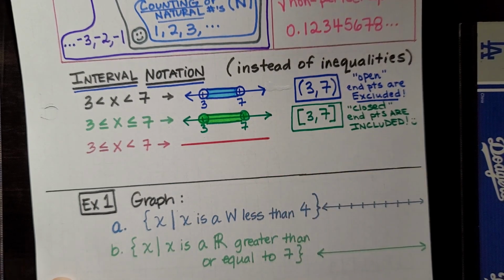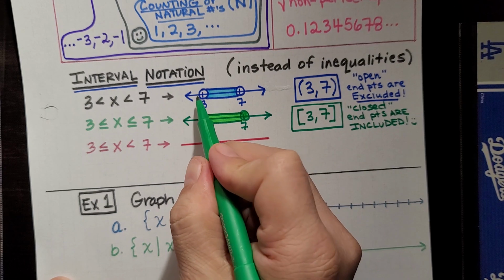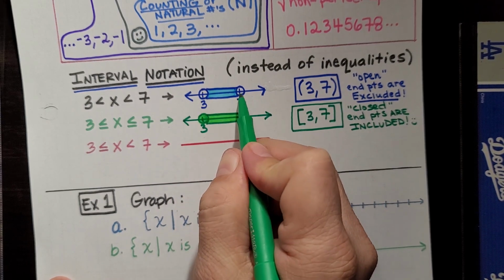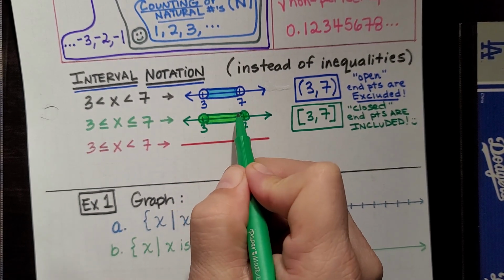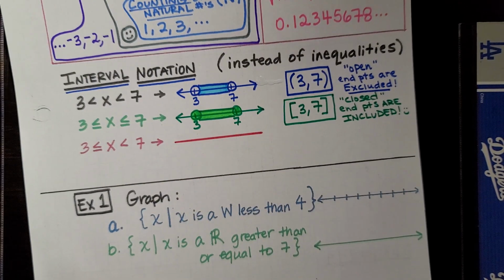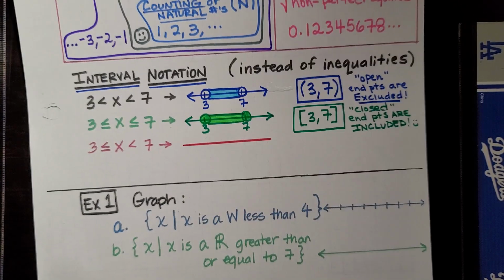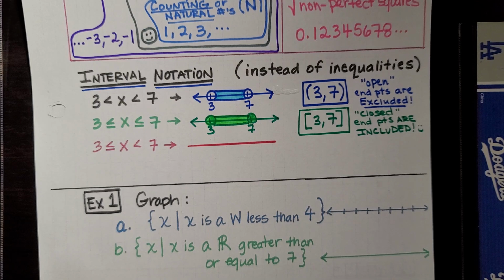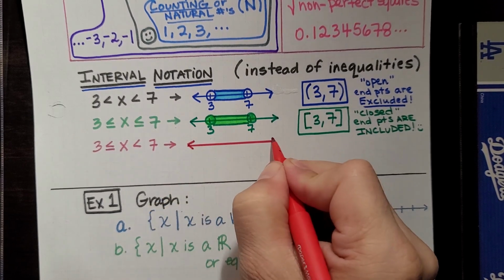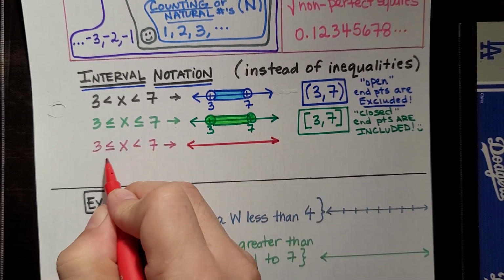Now, there's no rule that says if you start off open, you have to finish open, or if you start off closed, you have to finish closed. You can have intervals that are opened on one end and closed on the other. That's okay. It's perfectly okay. And that's the situation we have here.